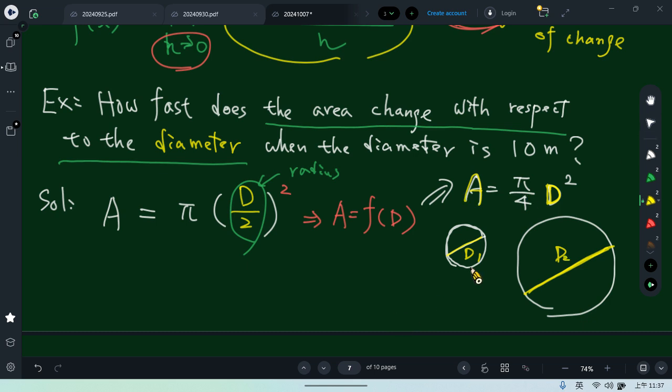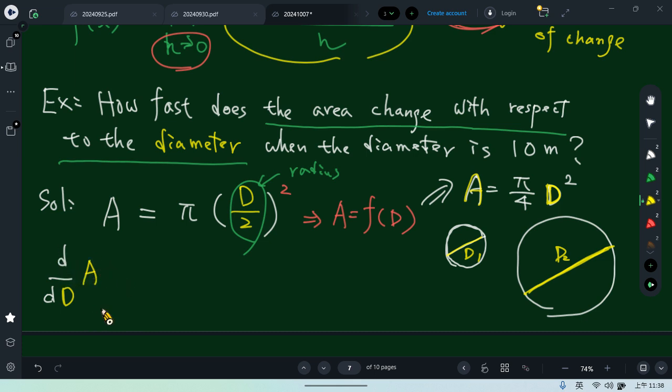D2 is much larger than D1. So we can always find that D determines the area. So when we differentiate A in terms of D, right? That means we are trying to look at, with a very small change in D, how much area will be changed in A?